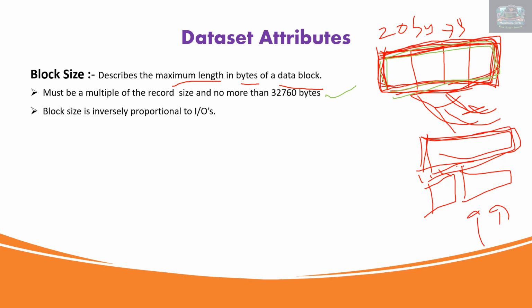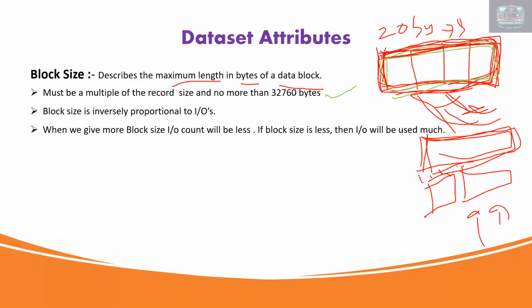If the block size is less, more IOs have to be taken, more times you have to call the volumes, more times you have to put data in or take data out. If the data block is bigger, you can get the data out of the volume in one stretch. And the limitation is that block size should not be more than 2 GB.